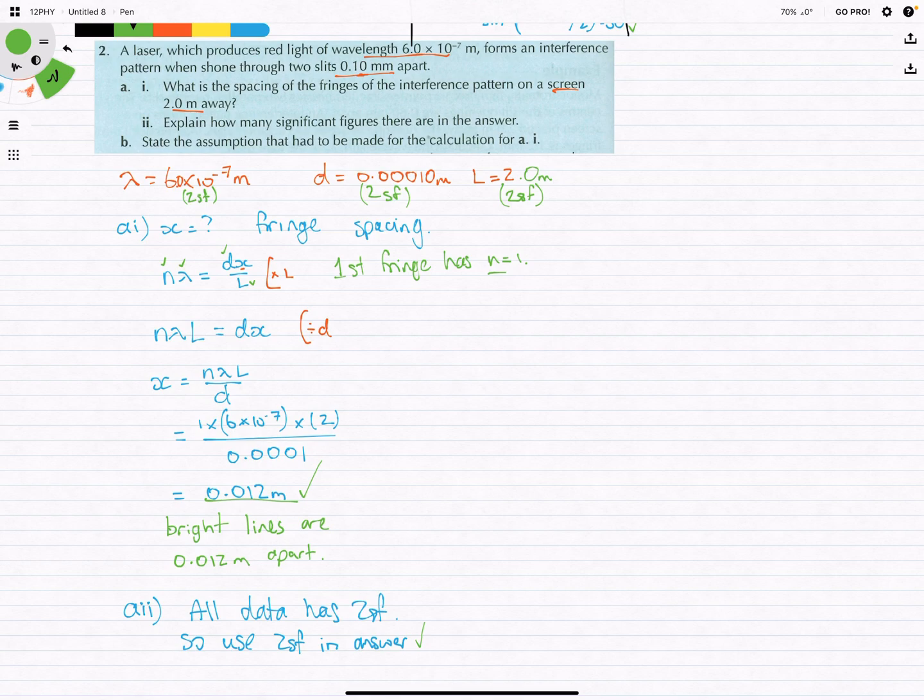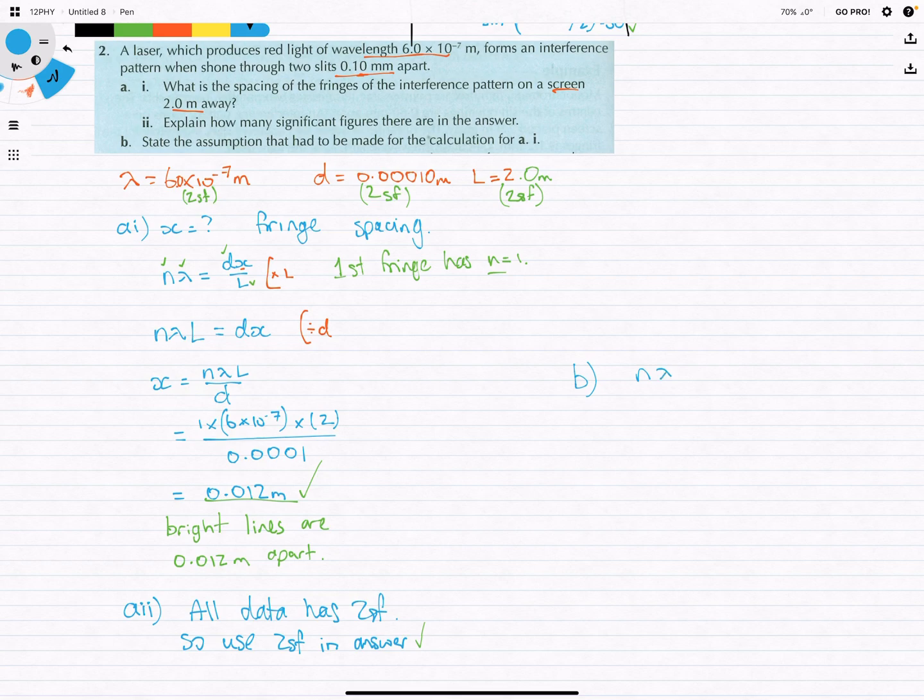And the last part we've got to do is state the assumption that has to be made for the calculation in part A, I. Part B. What's the assumption we've got to make? What equation did we use?